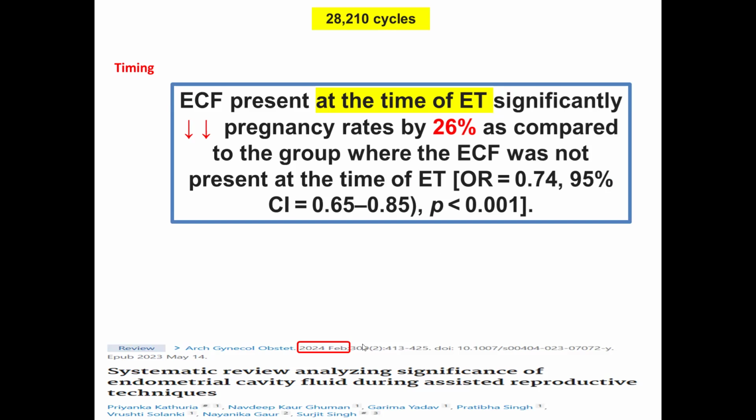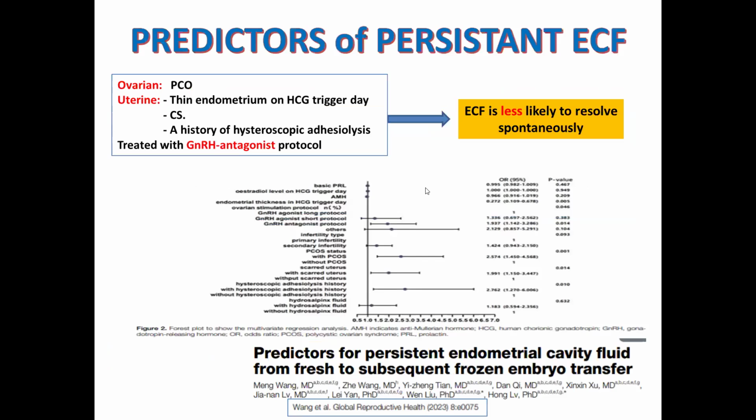So in this systematic review of 28,000 cycles, the pregnancy rate decreases by 26% if the fluid is seen or persists till the time of embryo transfer.